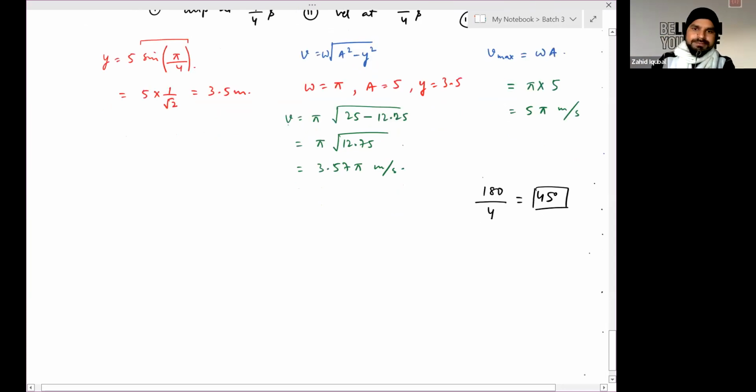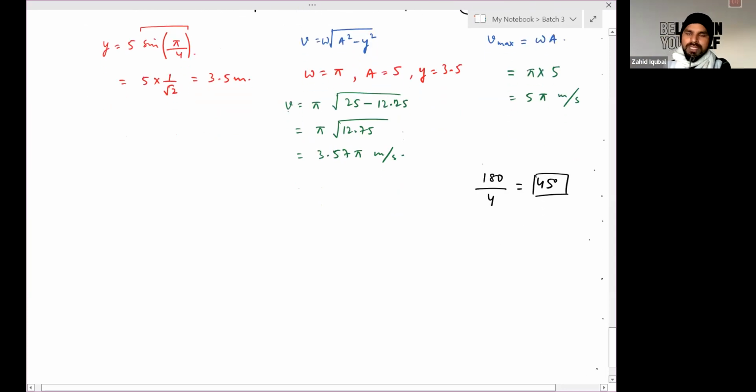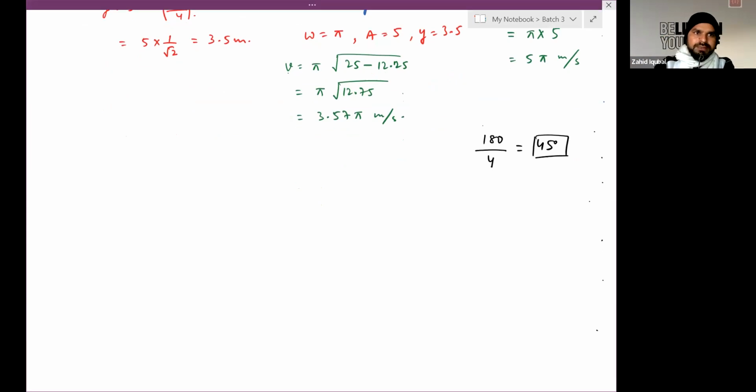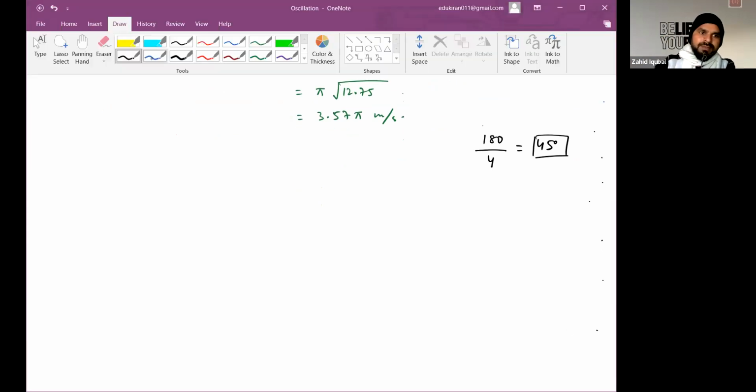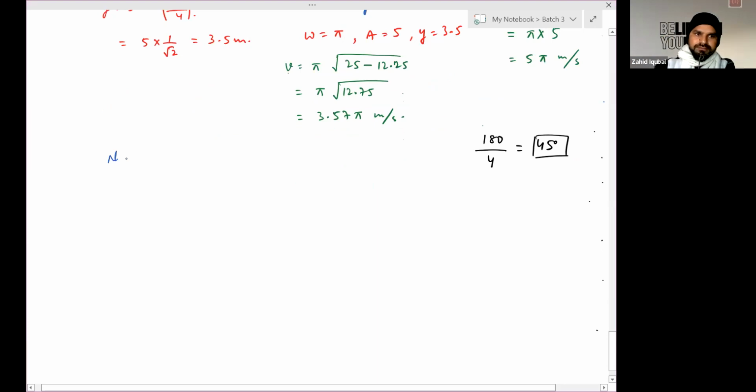Next is how to calculate acceleration in this SHM. Now, we have displacement as a times sine omega t. So on differentiating it, you will get velocity as omega times a cos omega t.